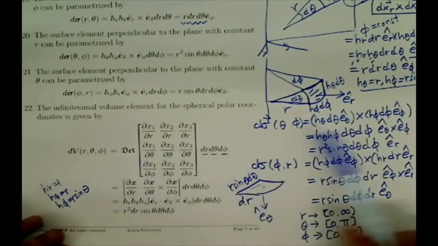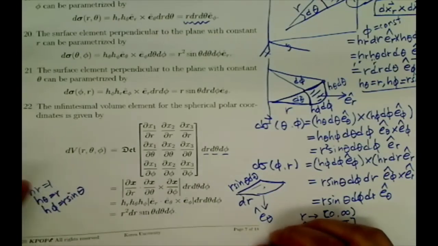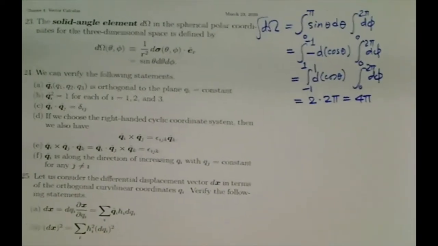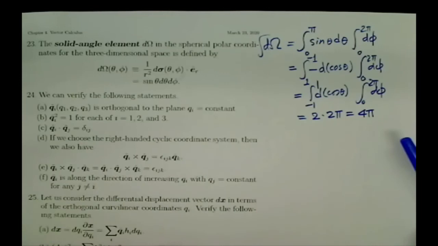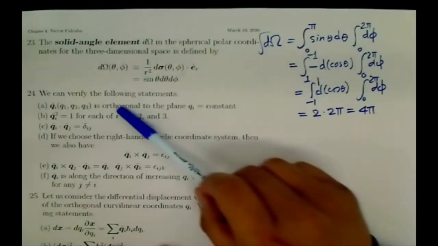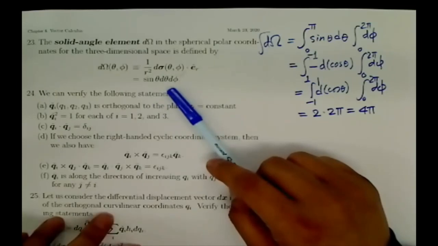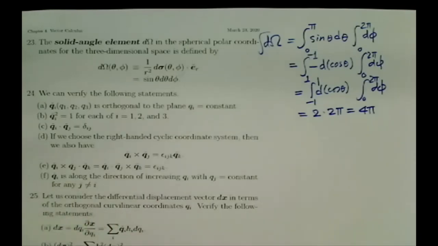Again, the volume integral should be expressed as a product of the Jacobian and the differentials of the coordinates. Finally, we checked the solid angle element and integrated over the polar and azimuthal angles, and we obtained 4 pi for the solid angle. That's it for today.